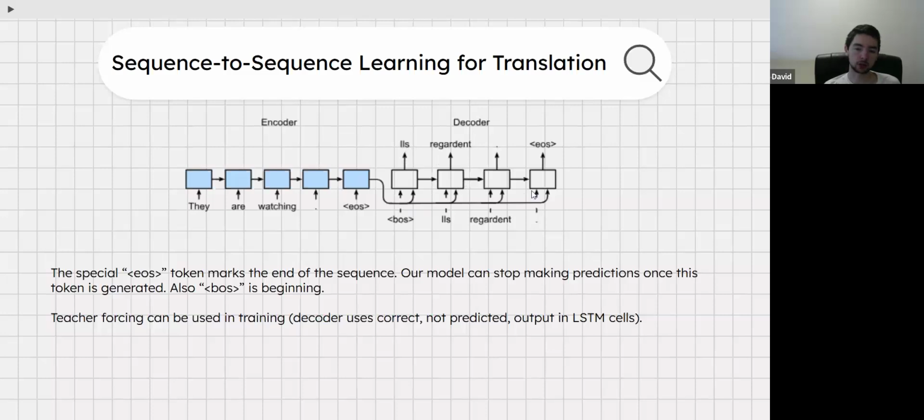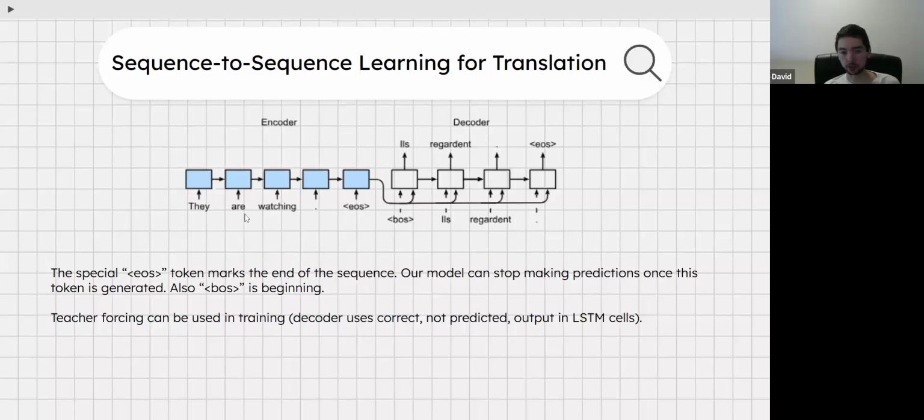If the LSTM cell is messed up to begin with, then we'll train it on messed up input. So there's another technique called teacher forcing for these sequence to sequence encoder decoder architectures, which basically means taking the correct translation.